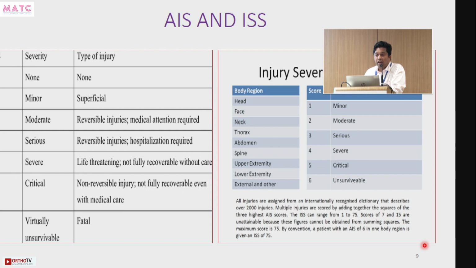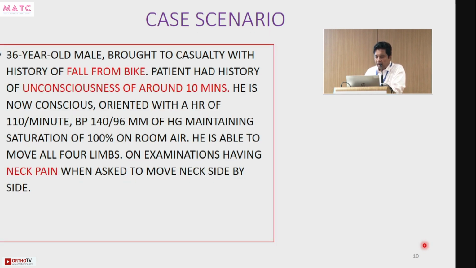There are many scoring systems, but few of them are validated, excluding their limitations as well. The Abbreviated Injury Score and Injury Severity Score are continuations of each other, and these are the two scoring systems we usually follow while defining a polytrauma patient.